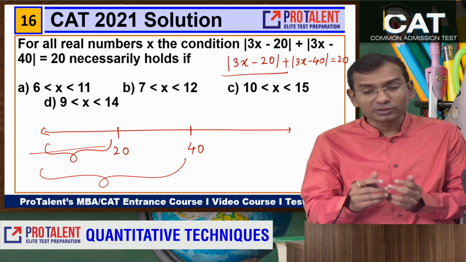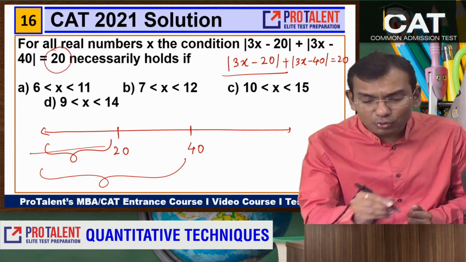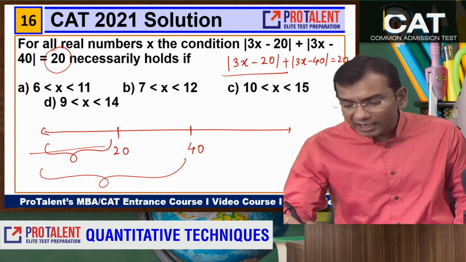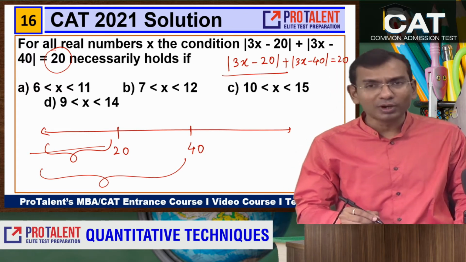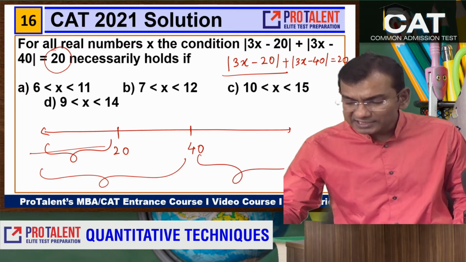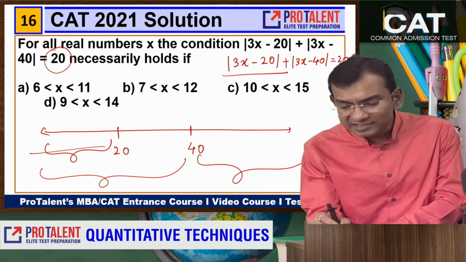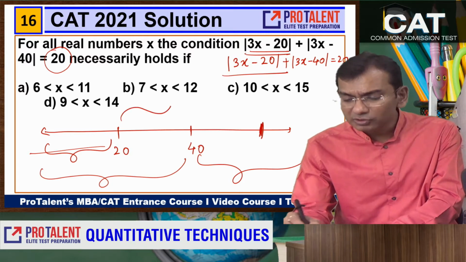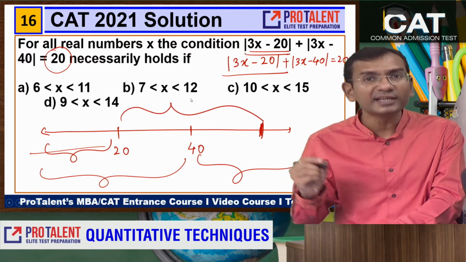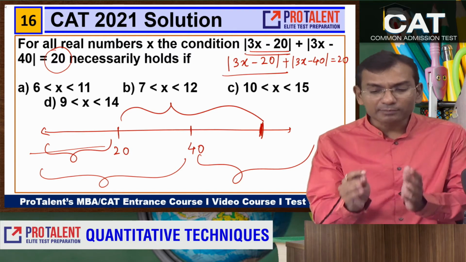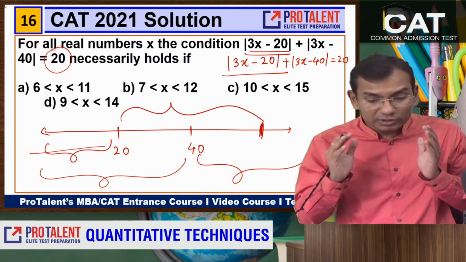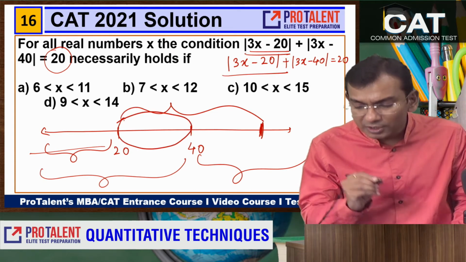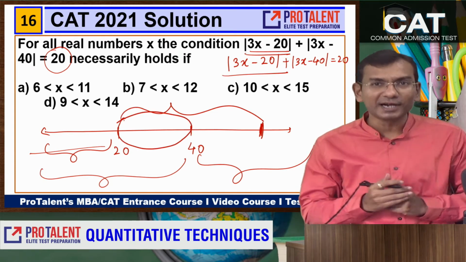Therefore I will not reach 20, my number will not come. Similarly, if my 3x is above 40, you can see that 3x minus 20 and this number will be somewhere here, so this number will be more than 20. Right. So thereby this equation will not set. So 3x has to be somewhere between these two numbers, between 20 and 40. This is certain. Yes or no?